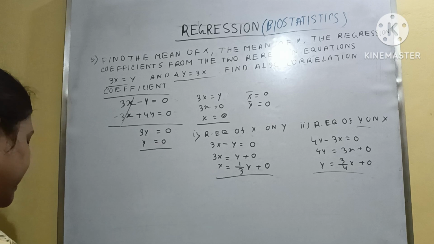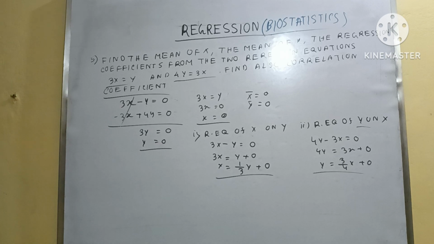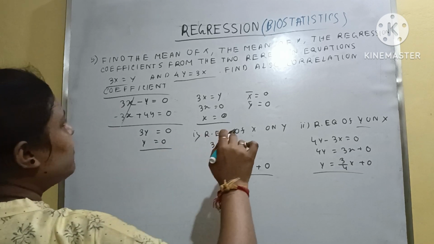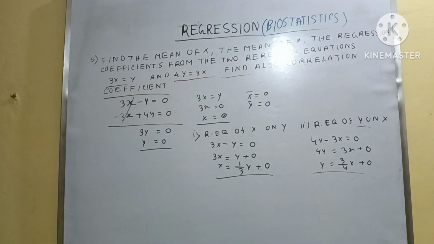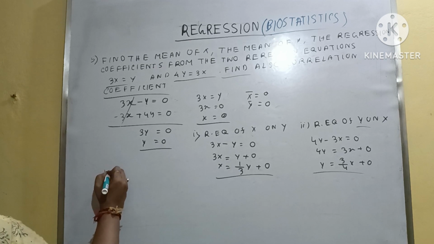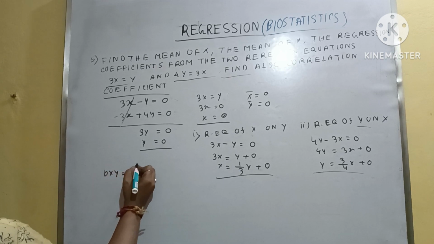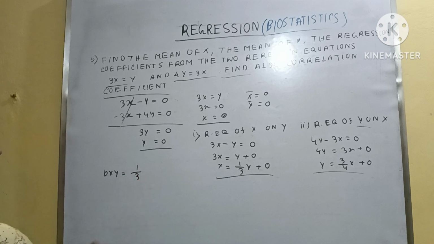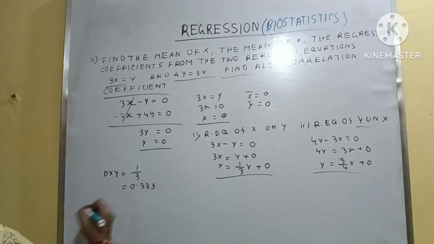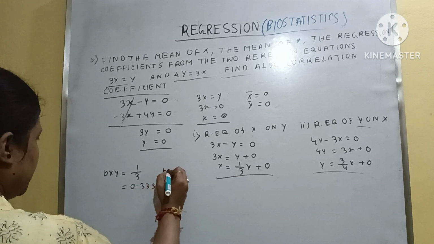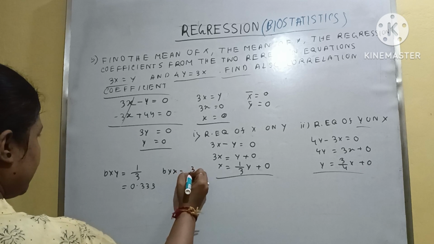Clear? Now we have to calculate bxy because here we have to find out the value of the correlation coefficient also. So first, bxy equals 1 by 3. Okay, so this is 0.333 and byx equals 3 by 4.